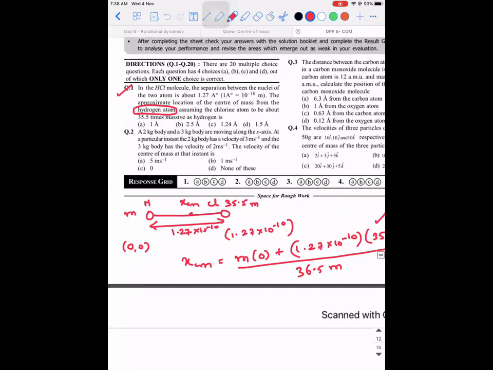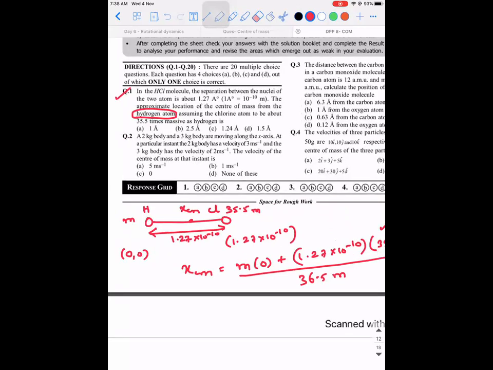There is a 2 kilogram block and a 3 kilogram block moving along the x-axis. At a particular instant, the 2 kilogram block has a velocity of 3 meters per second and the 3 kilogram block has a velocity of 2 meters per second. The velocity of center of mass at that instant is?